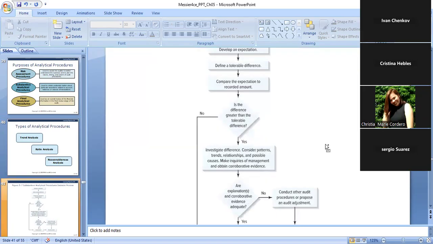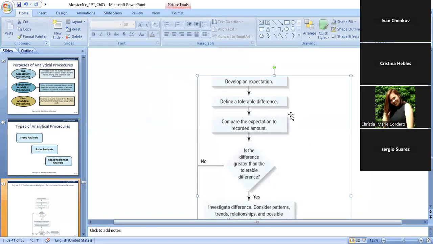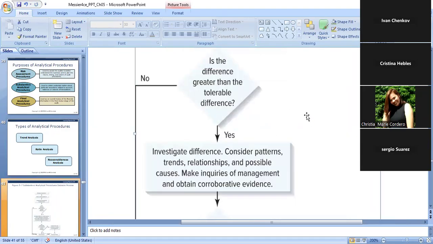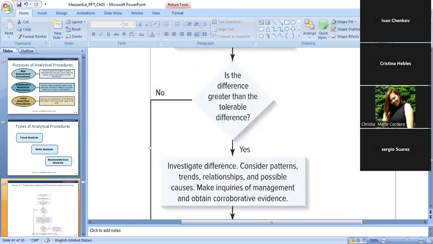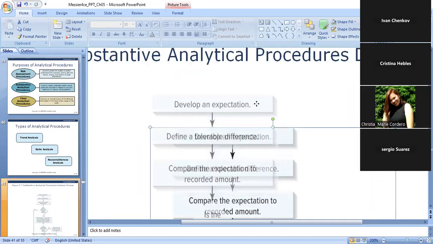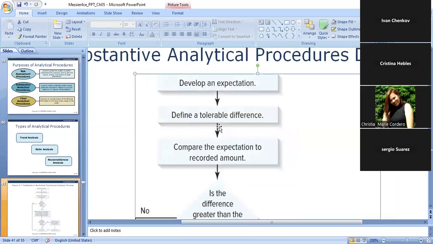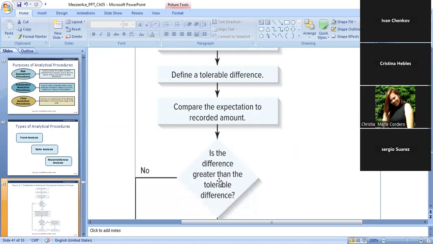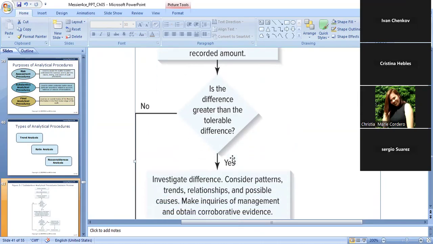So how is it going to work? We're going to develop our expectations. It's always based on the expectation. What do you want? Once we have the expectation, we're going to define the tolerable differences or tolerable mistake. We're going to compare the expectation to the recorded amount. Is the difference greater than the tolerable difference? If no, then we are fine.